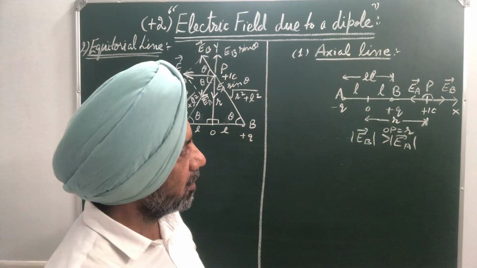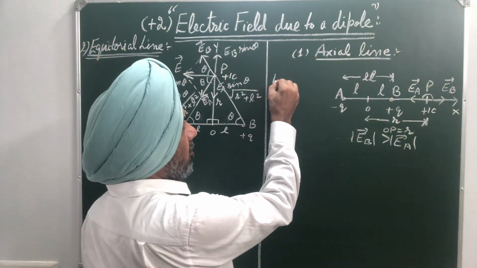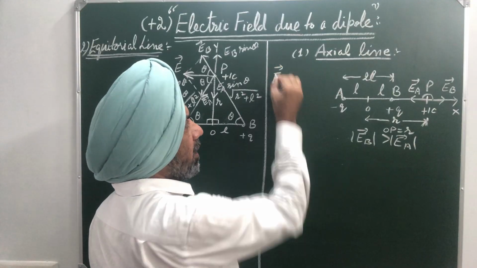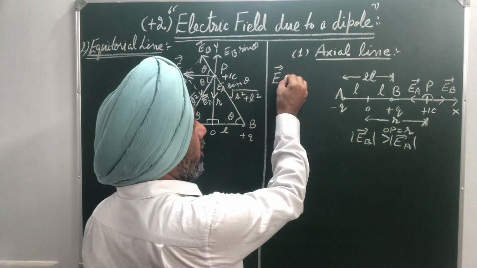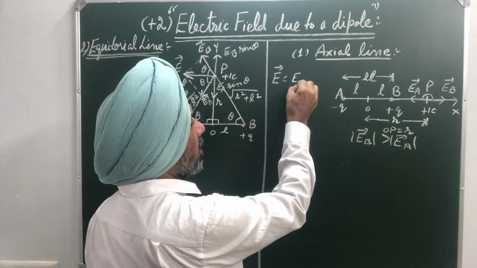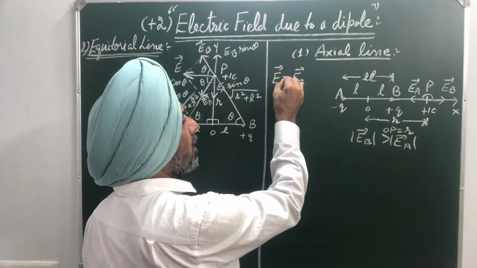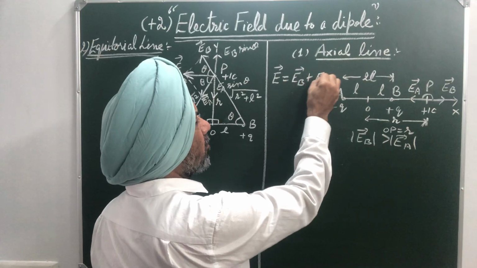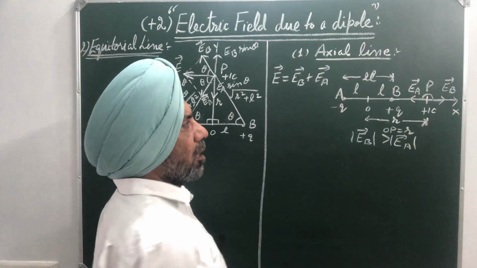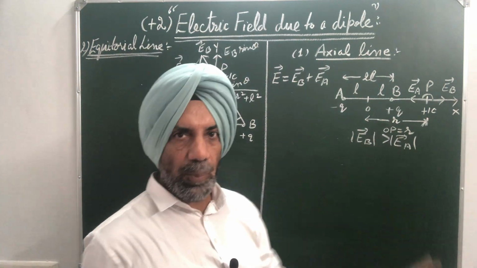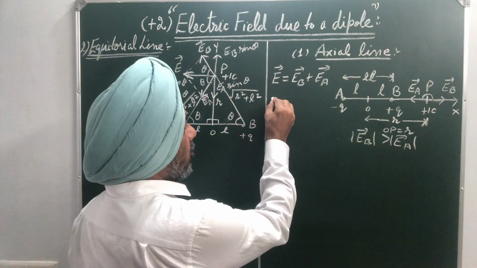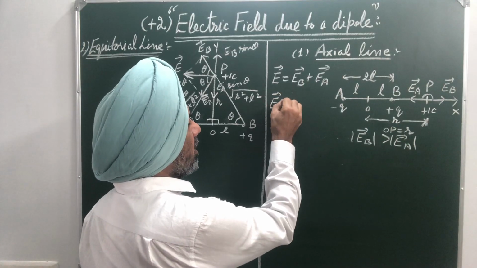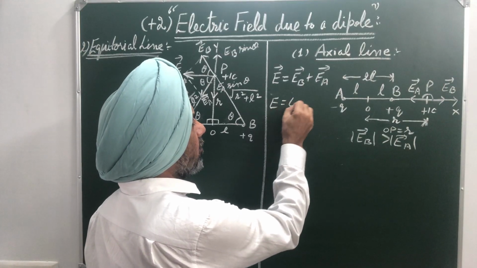Therefore, the resultant electric field at point P, a point on the axial line of the dipole AB, will be E equal to EB plus EA in vector form. Now since EB and EA are opposite, and EB magnitude is greater than EA magnitude, E is equal to EB minus EA.